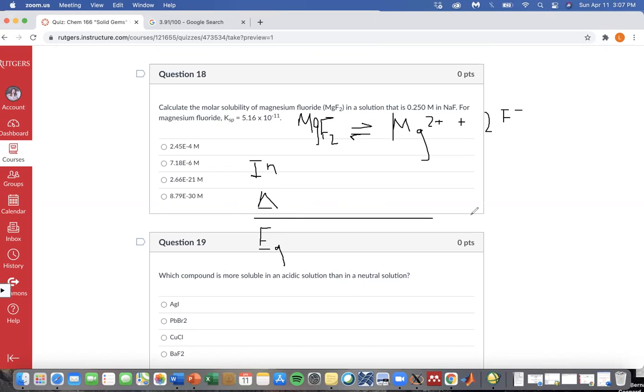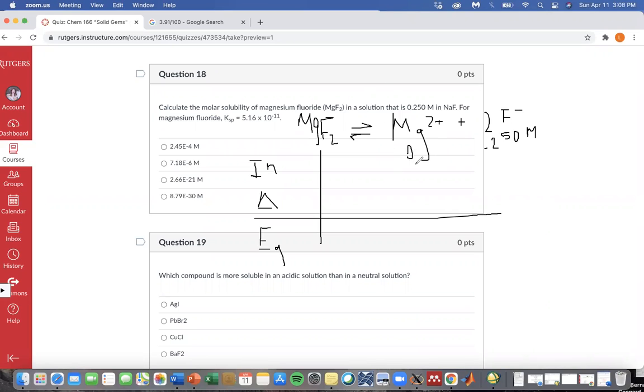We can basically ignore MgF2 because it's not going to be put into the equilibrium expression. But we have to consider the other two, the Mg2+ and the 2F-. So we'd have 0.250 molar of F- that we'd start off with, and we'd have 0 Mg2+.